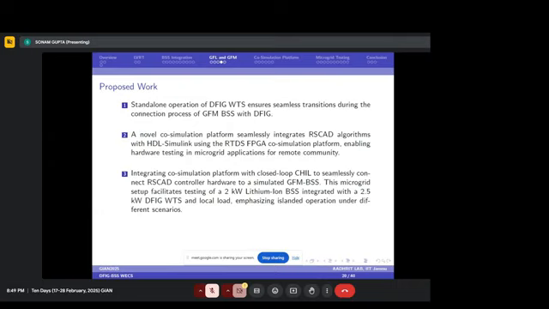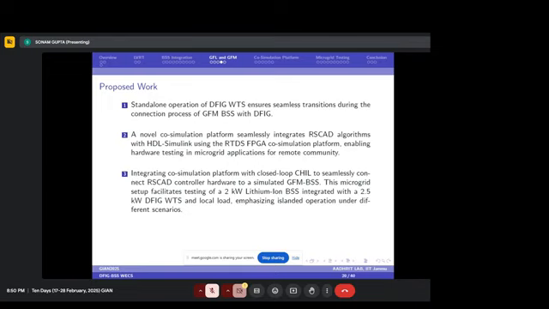So here we need a testing platform, or we have developed a novel co-simulation platform that will integrate two different algorithms, because two different co-simulations exist when we have two different converters or controllers. Here we have one RTDS controller, and the other is the FPGA controller. Both these controllers work on two different languages.